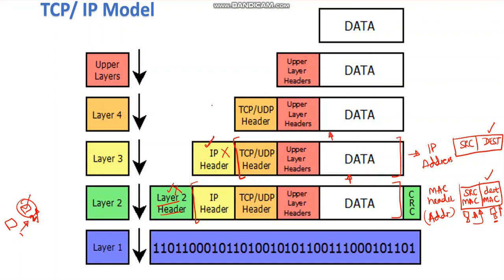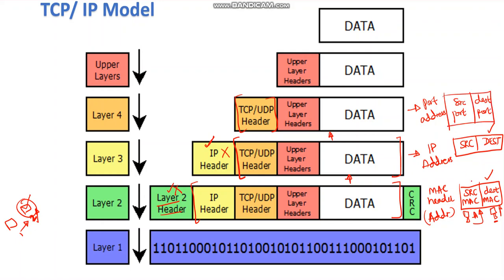At layer 4, we talk about port addresses. The TCP/UDP header will consist of the source port number and destination port number.